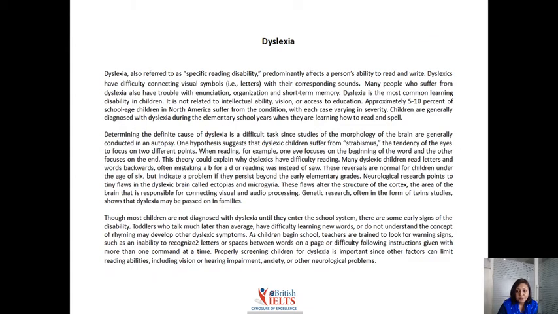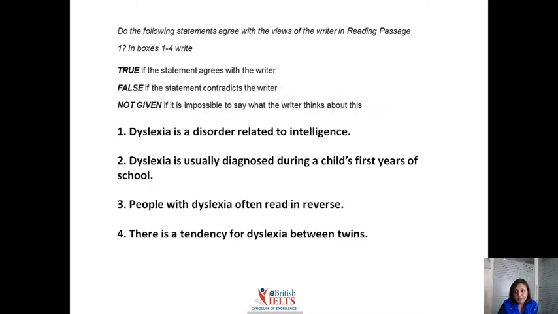Now, is there any mention of twins and dyslexia in the passage? If I continue reading from the point that we left off in the passage, we will find at the end of paragraph 2, genetic research, often in the form of twin studies, shows that dyslexia may be passed on in families.